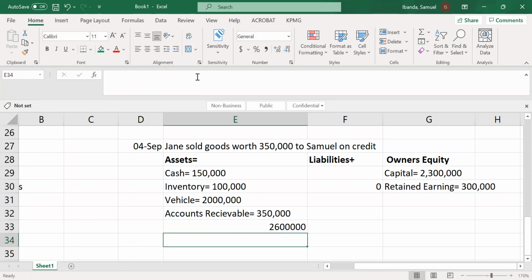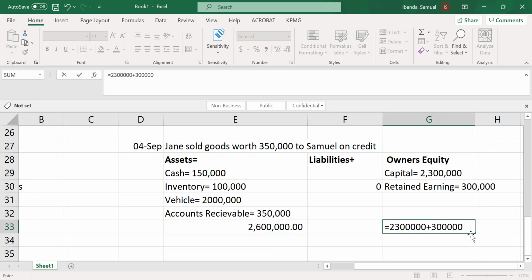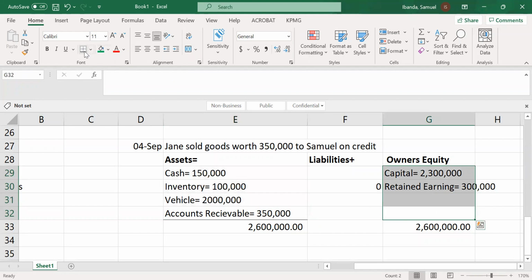This is 2 million. So it gets you 2.6 million. This is 2.3 plus 300,000, which gives me also 2.6. So my accounting equation is balanced. So I've gotten this side, this amount, and I've also gotten the same thing on this other side, a similar amount.